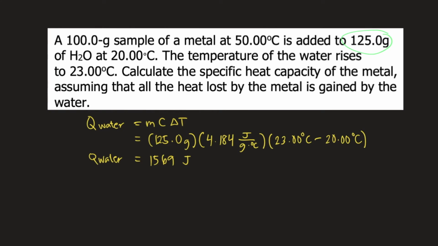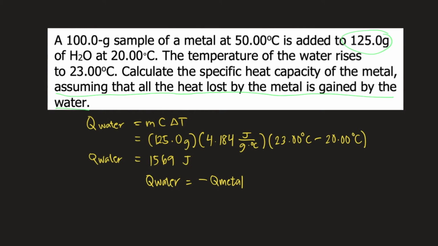The problem says, assume that all the heat lost by the metal is gained by water. If we put that into an equation, that is Q water is equal to negative Q of metal. So Q water and Q metal have opposite signs because water absorbs heat and metal releases or loses heat.